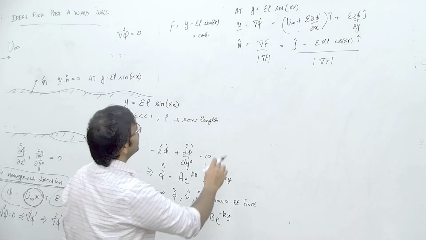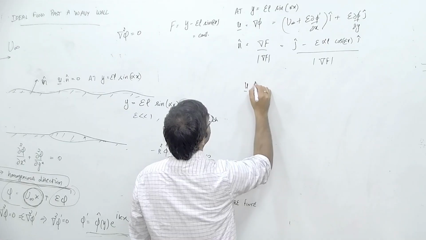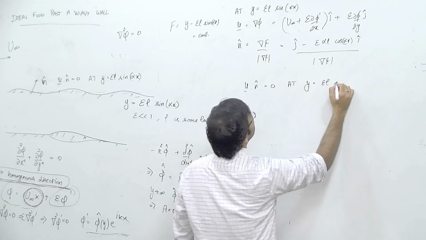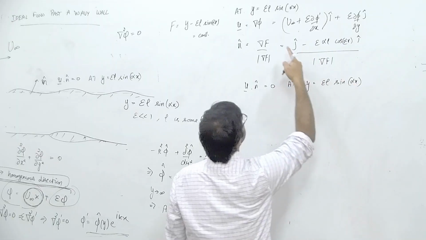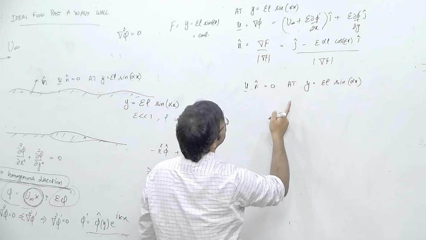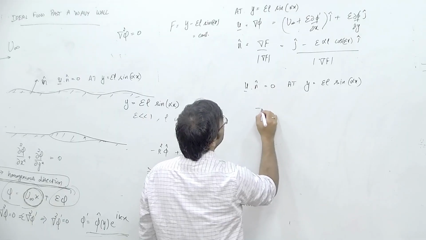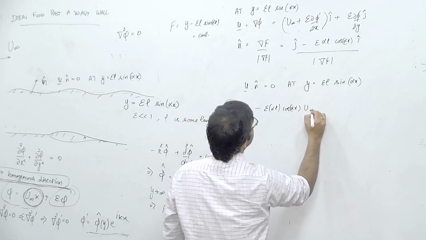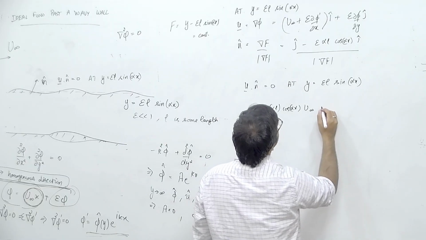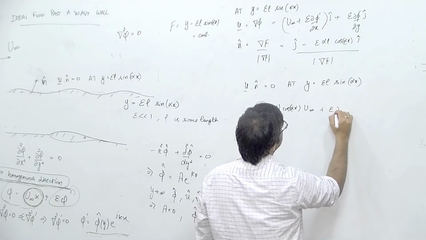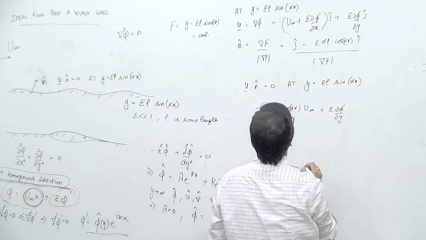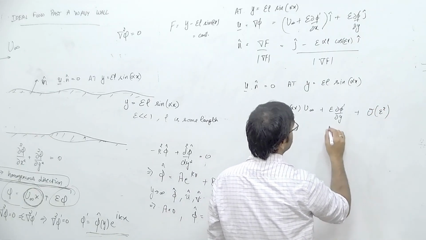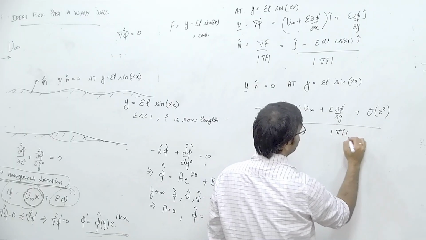So we are saying that u dot n equals 0 at y equals epsilon L sine alpha x. What is u dot n? Take the dot product. We get minus epsilon alpha L cos alpha x u infinity plus epsilon del phi prime by del y plus order epsilon squared terms, and of course divided by mod grad f, equals 0.